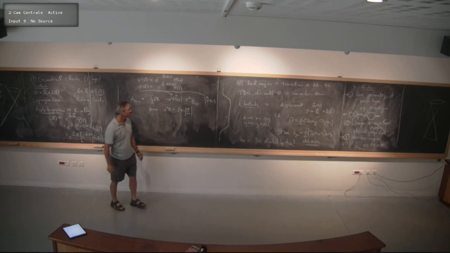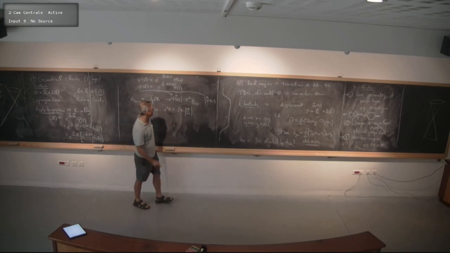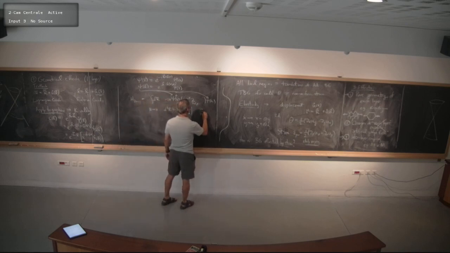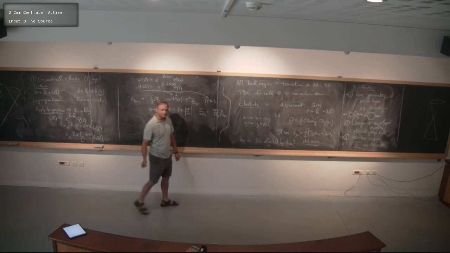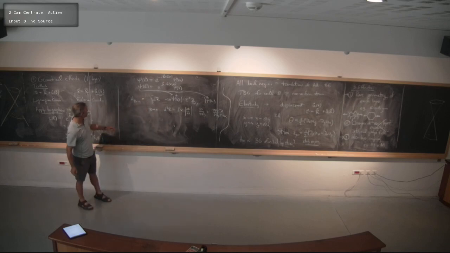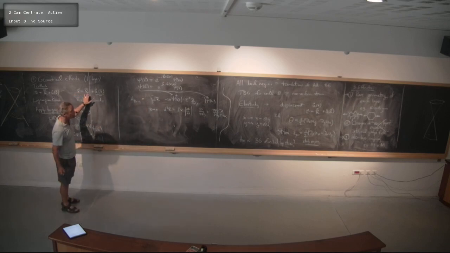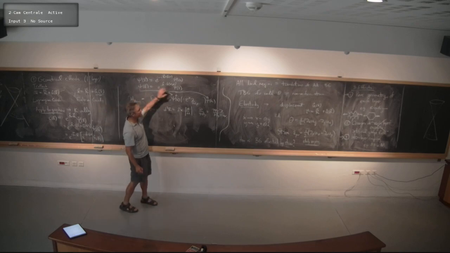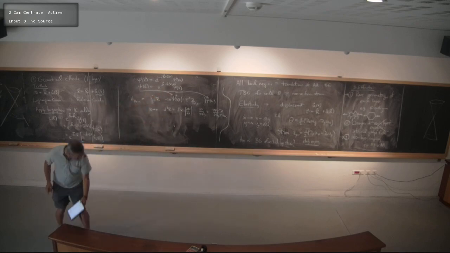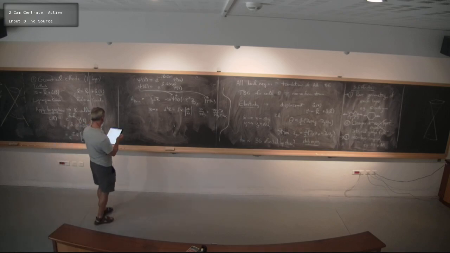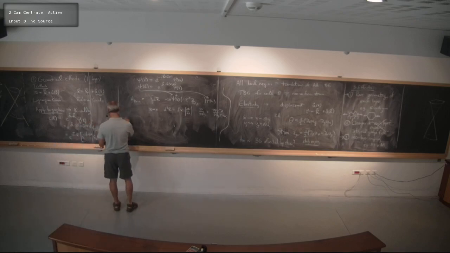We want to change these r derivatives to x derivatives. d by dr mu equals d by dx nu times dx nu by dr mu. And since we know the relation between x and r, and the relation between the two sides, we can put this in. If you do it, I'll just write what happens. We find the following thing.